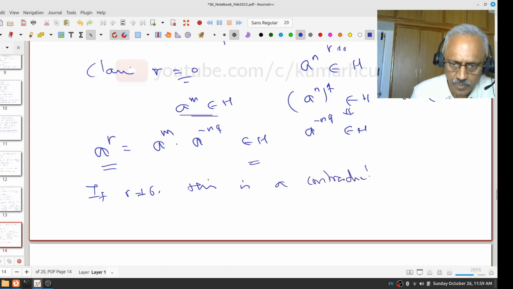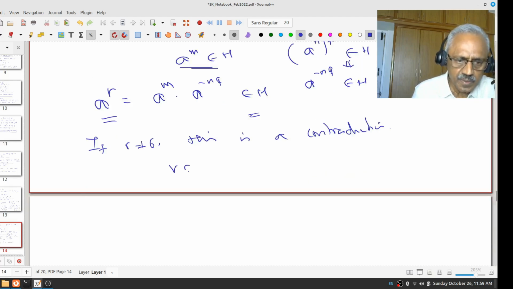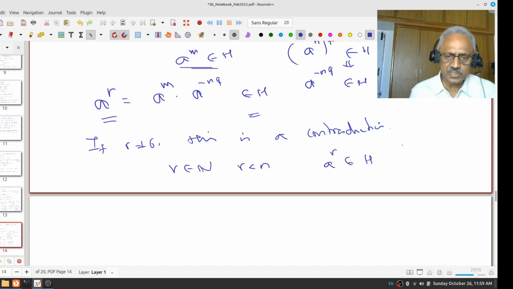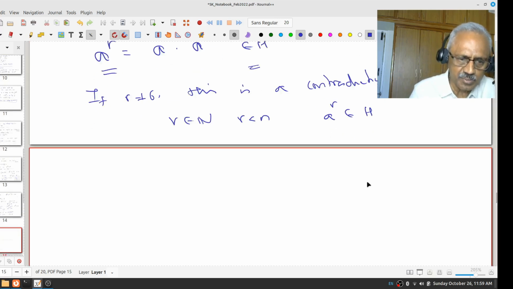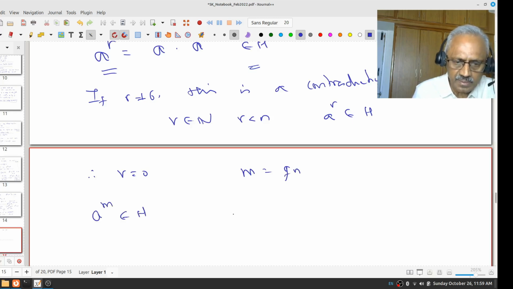Because r is a natural number and r is strictly less than n, but a to the power r is in H. But what is our choice of n? n is the least positive integer such that a to the power n is in H. Therefore r has to be 0. That means m is q times n. Therefore, if a to the power m belongs to H, then n divides m.